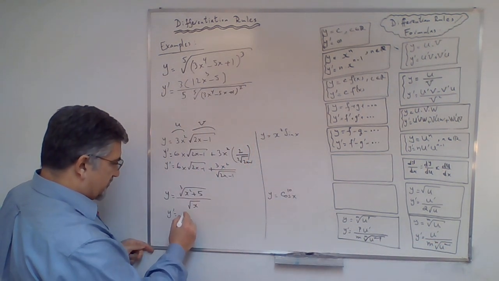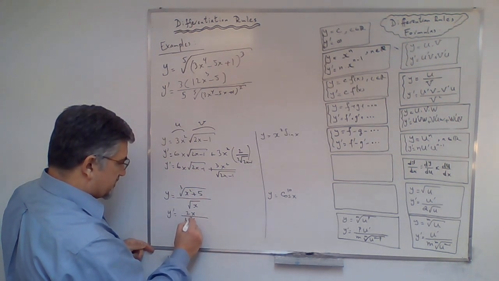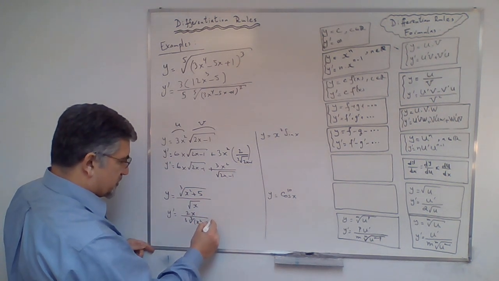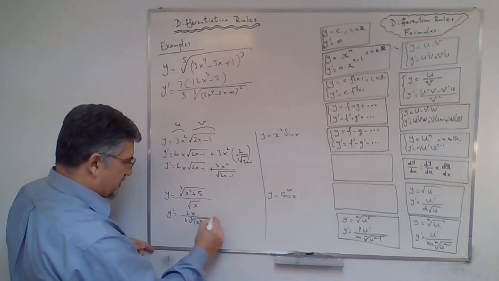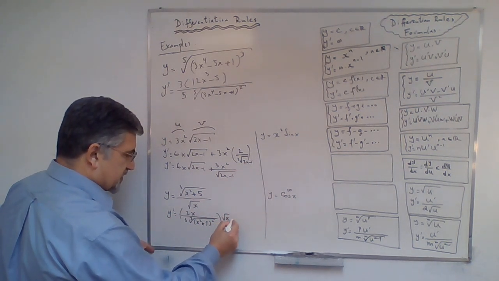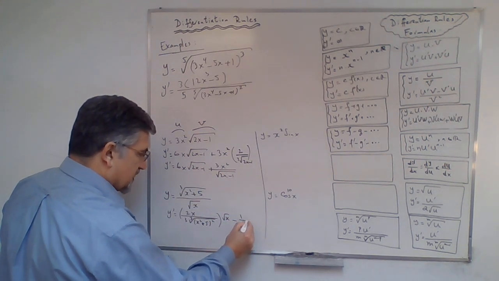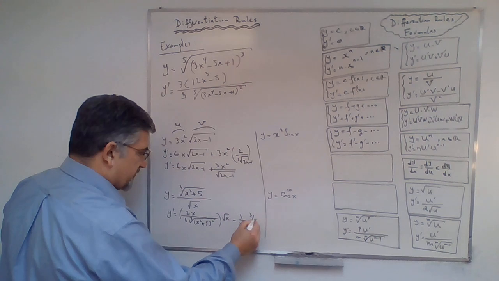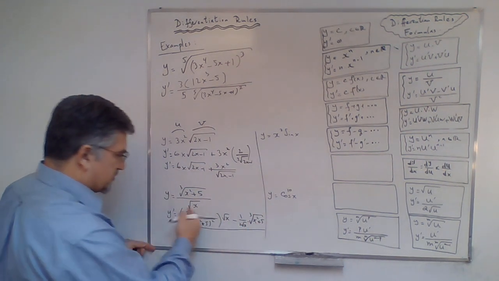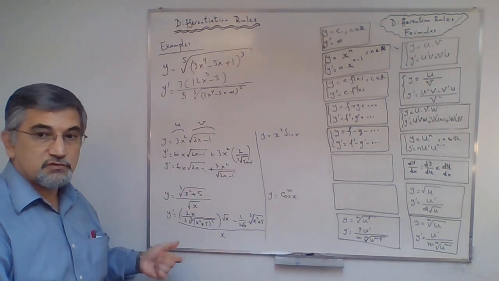It's going to be u prime, which is 2x, divided by 3 times the cube root of (x² + 5) to the exponent of 3 − 1, which is 2. So that's the derivative of the numerator times the denominator, root x, minus the derivative of the denominator, which is 1 over 2 root x, times the numerator, the cube root of (x² + 5), and then all over the denominator squared, which is simply x, because the square root of x all squared is just x.